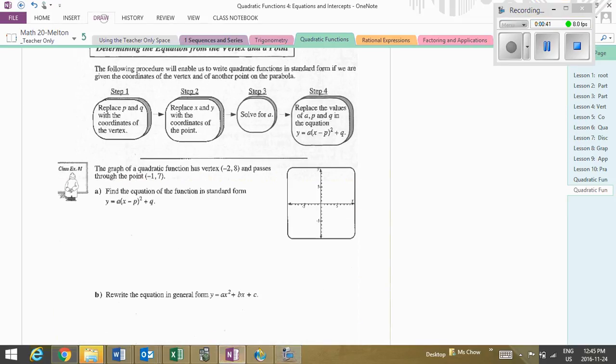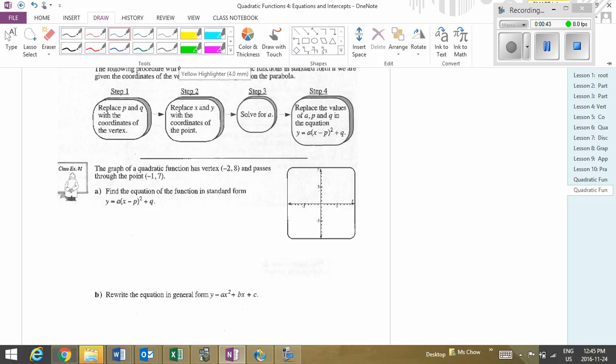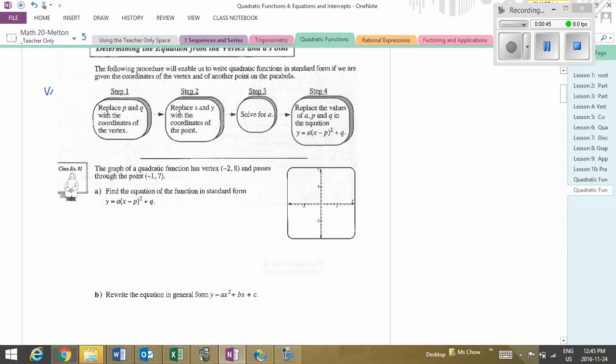So what they say is, given that vertex, and we know that the vertex is in the form of (p, q), you can substitute p and q into your general equation. Then, because that graph goes through the point (x, y), we can replace x and y in our general equation with the coordinates of the point that are given.